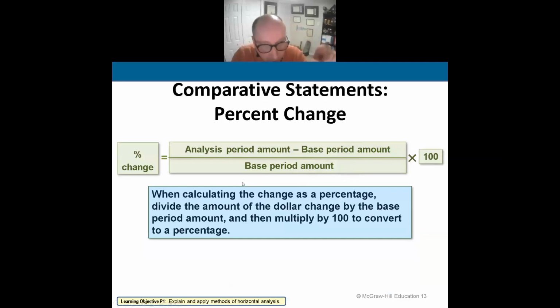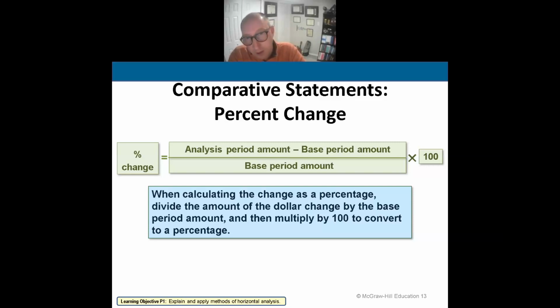In addition to looking at the change from a dollar amount change, I can also look at change expressed as a percentage. We call this percent change. This is a very useful formula because you can do this for a lot of things. Percent change, here's how it's calculated.